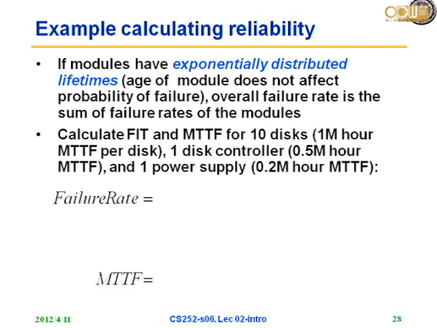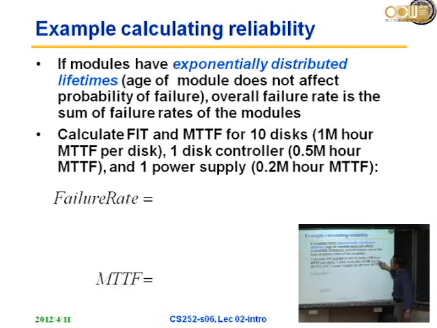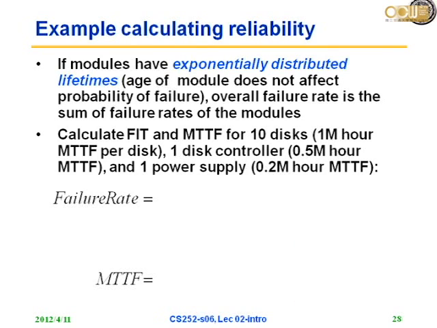If every disk has 1 million hour mean time to failure, and we have 10 disks, plus one disk controller, which has 0.5 million hour mean time to failure, and one power supply, which has 0.2 million hour mean time to failure, then the failure rate, in other words, the failures in time, is equal to 10 times 1 over 1 million plus 1 over half a million plus 1 over 0.2 million.